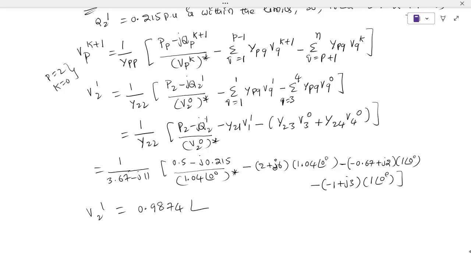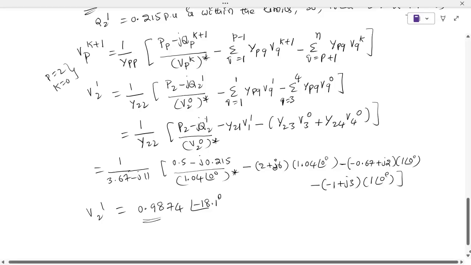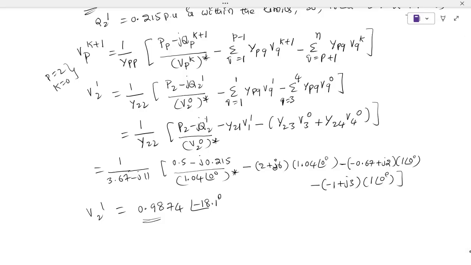0.9874 at an angle minus 18.1 degrees. Now whatever the value is there for V2, this is not required for us. Already they have given for the second bus, that is PV bus, because we are considering this bus as PV bus only, because the calculated Q value is within the limits.